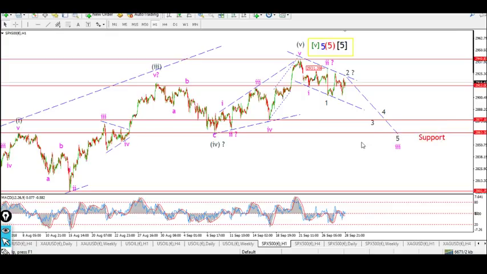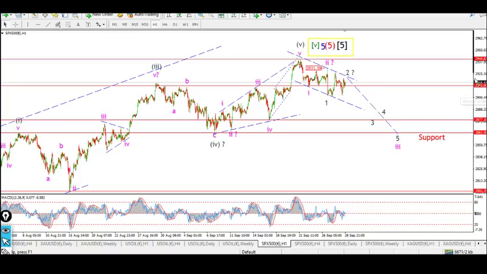But for now, I'm working on the assumption that the market may have topped and we're looking for an impulse pattern to the downside. We'll spend the next week or so, or more, working on that theory, and if the declines keep coming, then the theory will be more and more validated, and we will be working towards a larger bearish signal, and some entry points will probably arrive once the pattern starts to fill out.